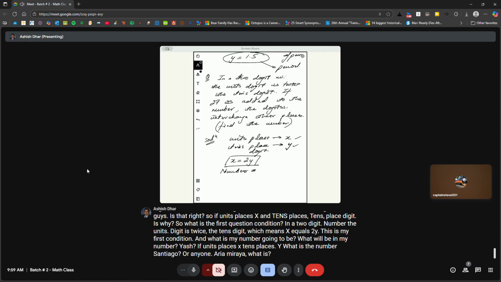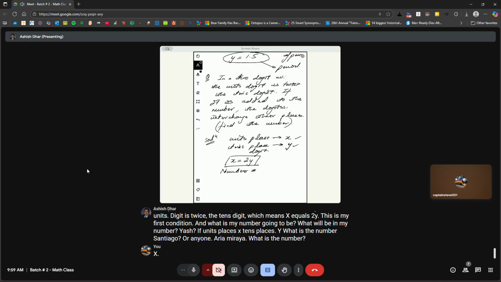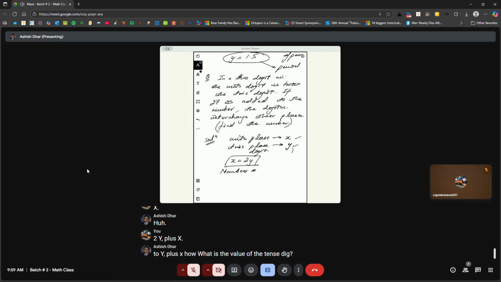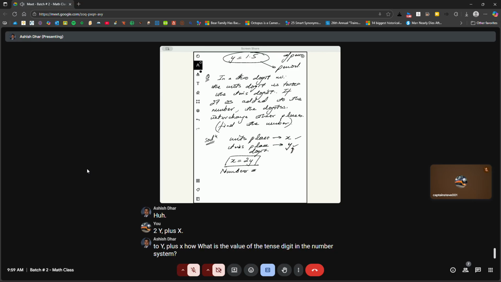Arya, Miraya, what is the number? What is the value of the tens digit in the number system? 10, correct? So what is my number? 10y plus x.